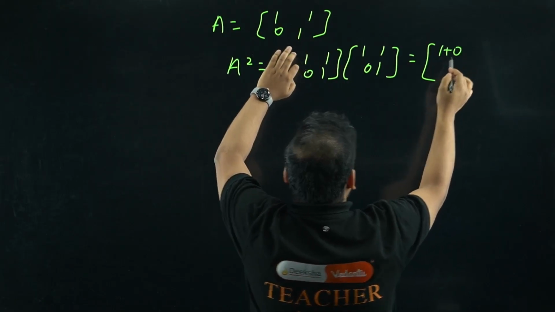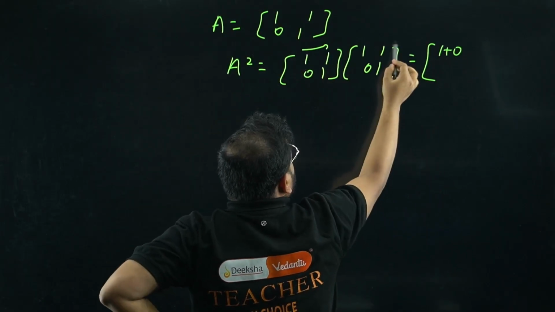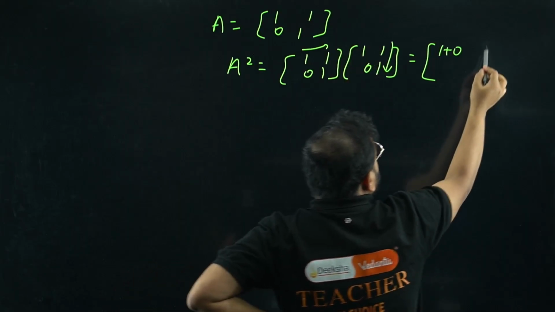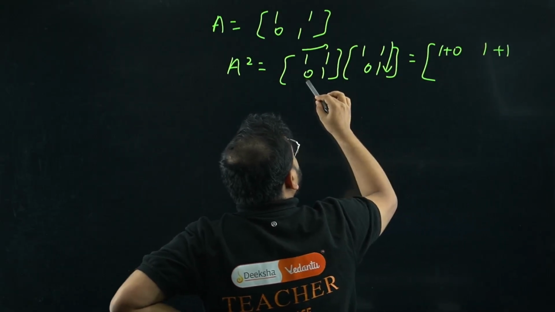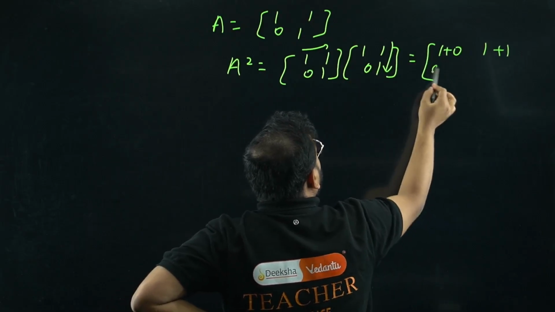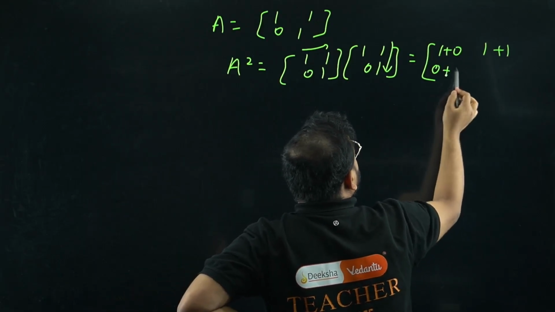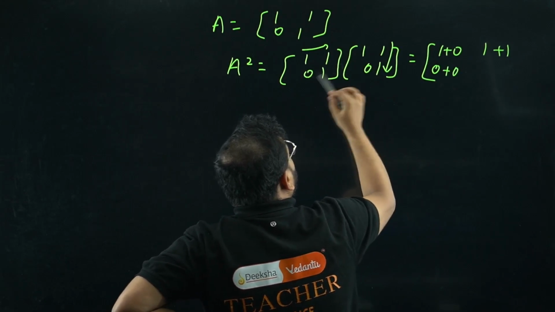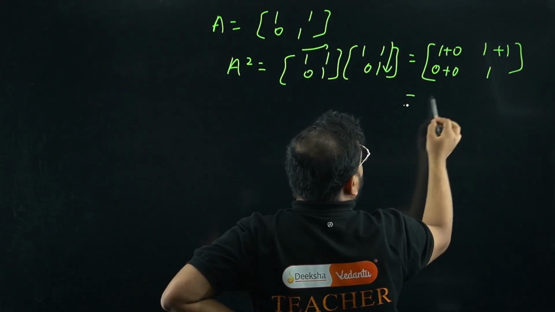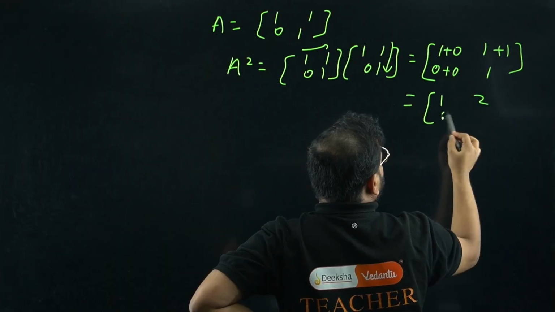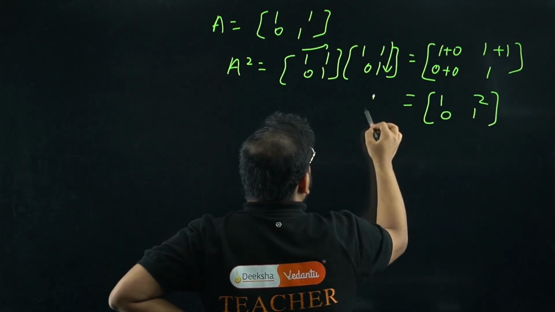Now with the second column, 1 into 1 is 1, then 1 again, with 0 I'll get 0, and 1 into 0 gives again 0. Then 0 into 1 is 0 and 1 into 1 is 1. So the result is [[1,2],[0,1]]. This is my A square.